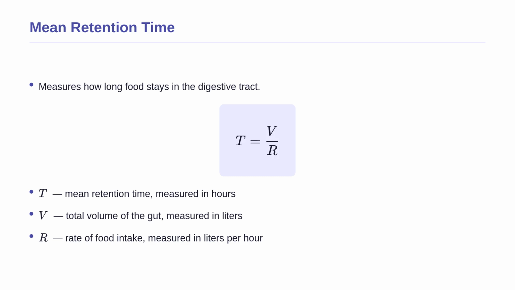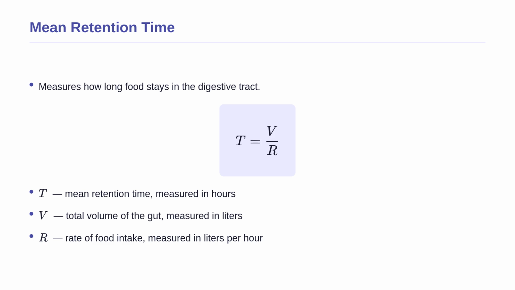This structural complexity leads us to an important question. How efficiently does an animal digest its food? Biologists measure this using a concept called mean retention time. The formula is T equals V divided by R. Conceptually, this tells us exactly how long food stays inside the gut to be processed. T is the retention time in hours.